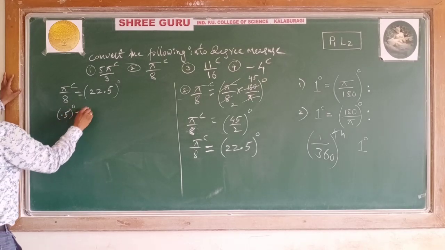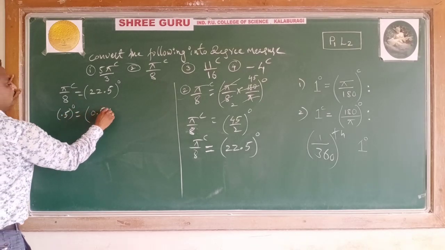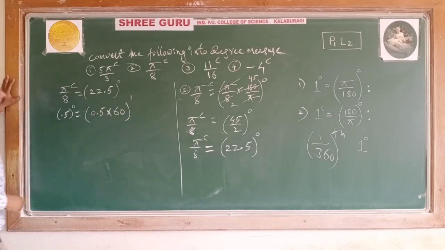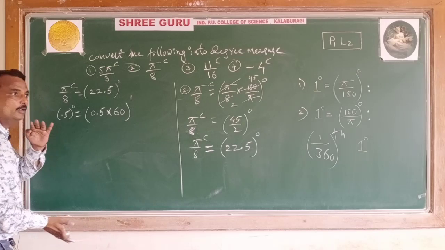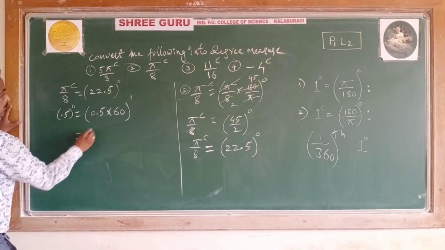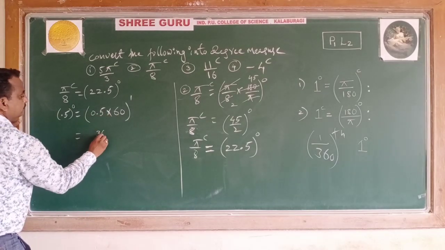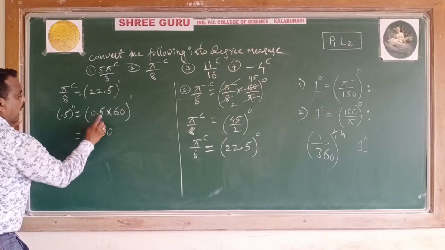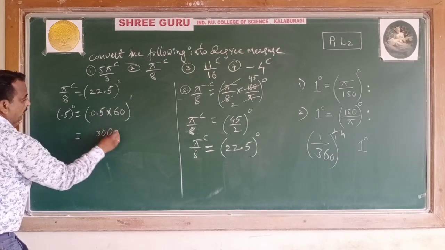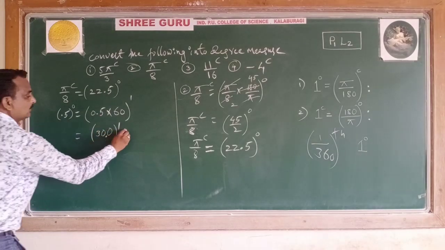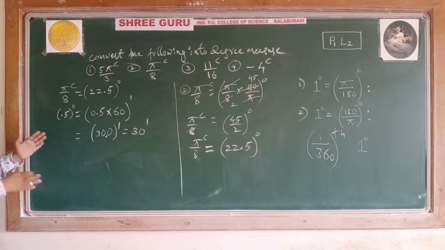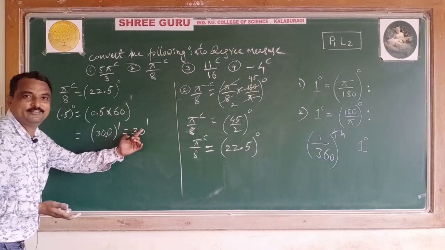To convert 0.5 degree, multiply by 60 and you will get minutes. 5 into 6 is 30, the 10 as it is. Only 1 decimal point, so exactly 30 minutes.